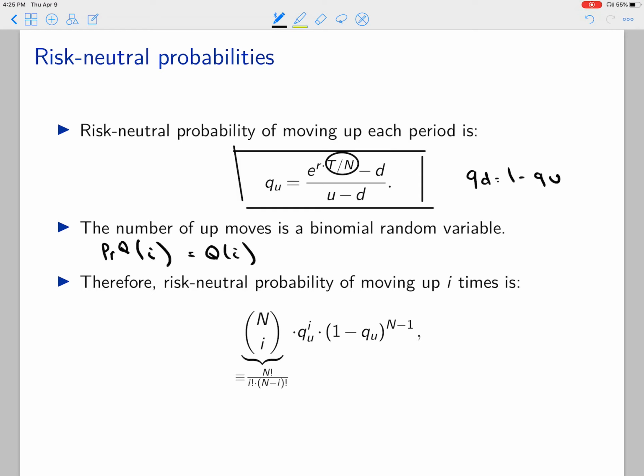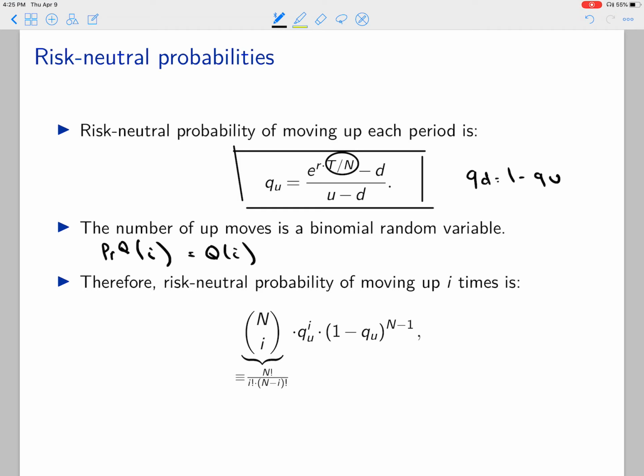The number of up movements turns out to be something called a binomial random variable, if you think back to Stats 101. Essentially, in each state, we can either move up or down, and there are n total periods.